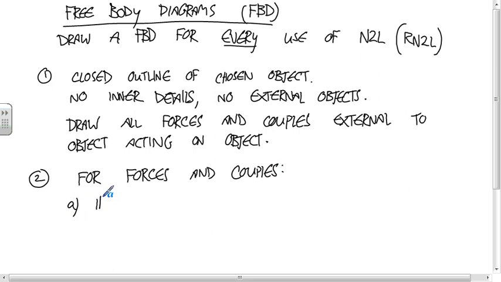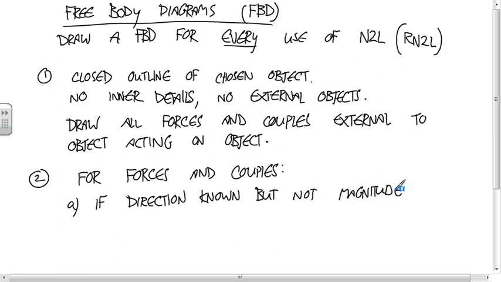First, if the direction is known but not the magnitude, then indicate the direction with an arrow and label the arrow with a scalar variable.